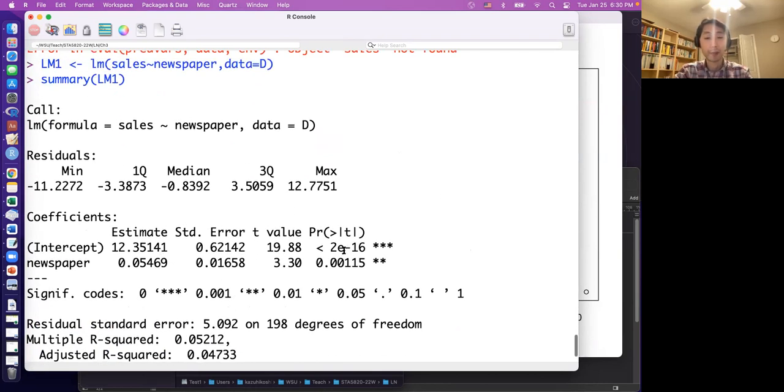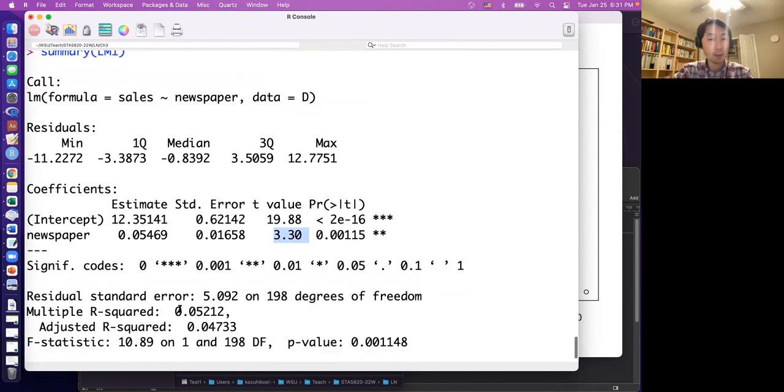Actually the newspaper is also significant, not very significant, but still the p-value is less than 0.05. This t-value is much smaller compared to TV or radio. But you can see the multiple R squared and adjusted R squared. If we only have the advertisement amount by newspaper, only 5% of the variation in sales is explained.